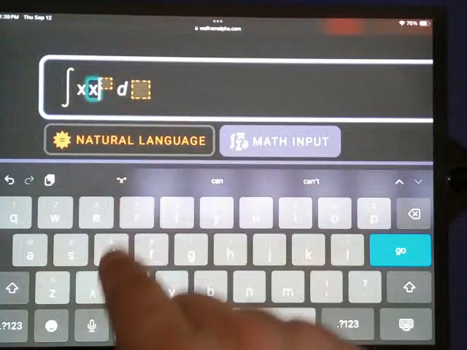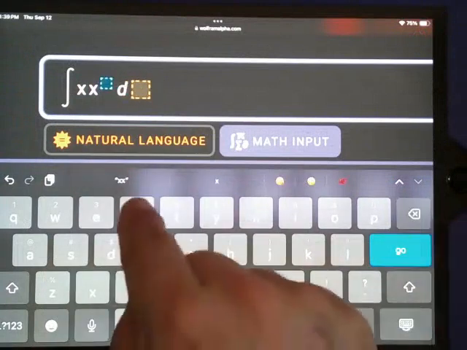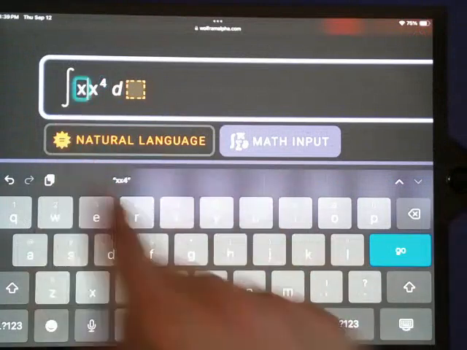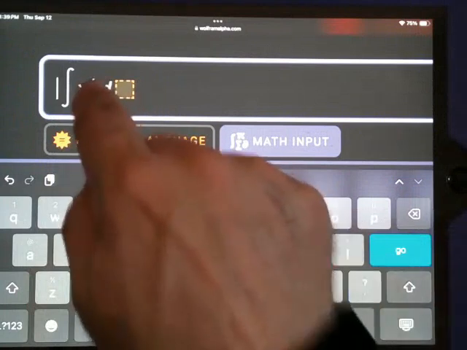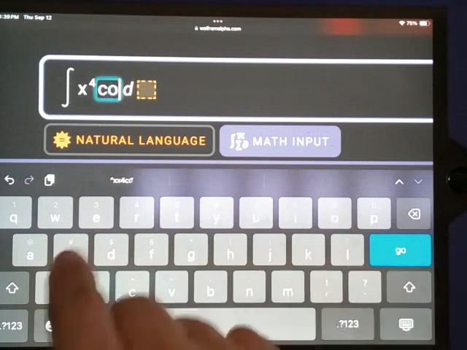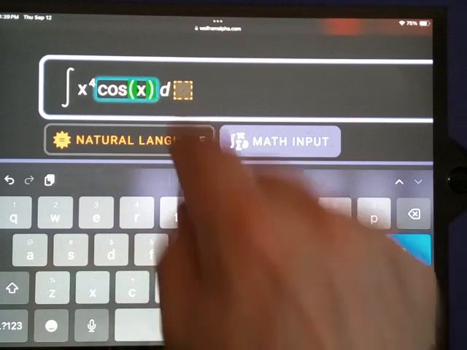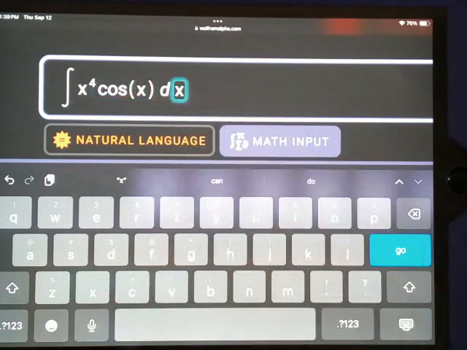I put in the power, and then I write the x in the bottom, and I write the number in the top, 4. I got to get rid of that other x. It's gone. x to the 4th times what? What was our thing of times? Cosine, right? Cosine of x. Oh, and I was integrating dx.